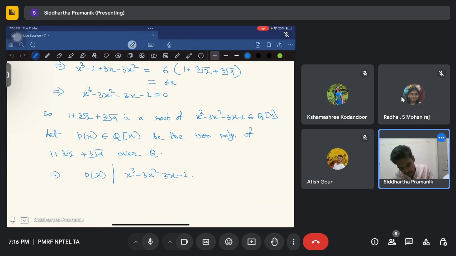are in the kernel of the evaluation map from Q[x] to R, where you just attach that root. If you take this as evaluation map phi, both these polynomials belong to the kernel of phi, and p(x) is the generator of that kernel.